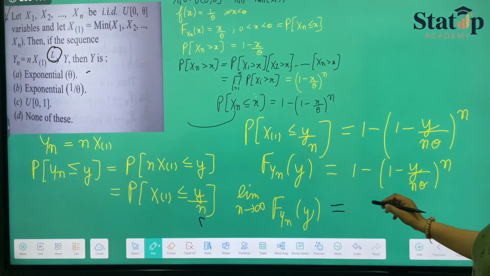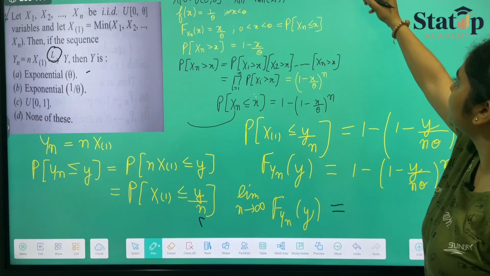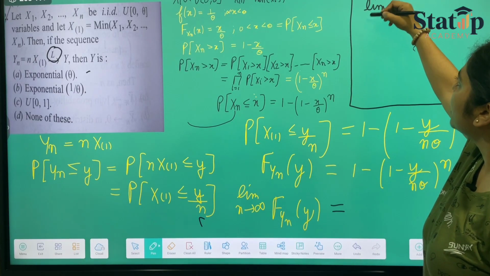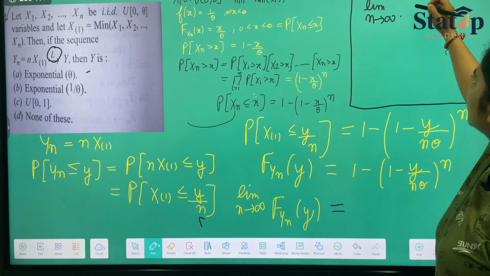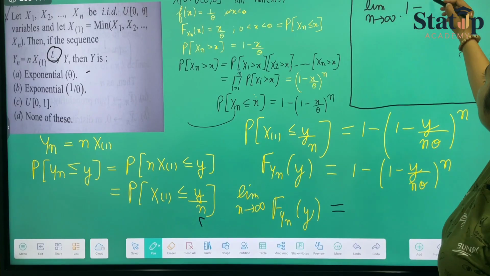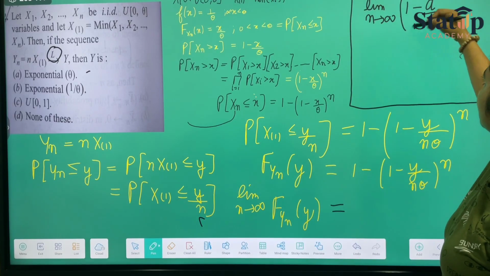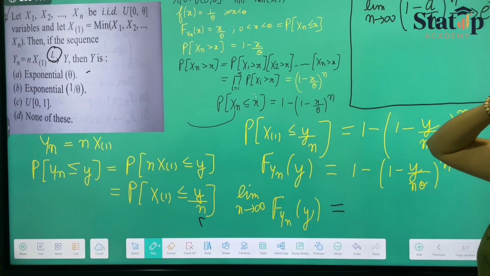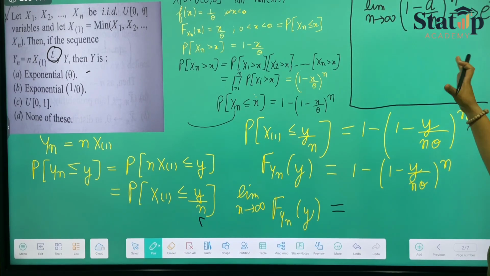If we put the limit n tending to infinity, let us see what the limit is. 1 minus a upon n raised to the power n will always go to e raised to the power minus a. This is the law of limits, from the limits chapter.